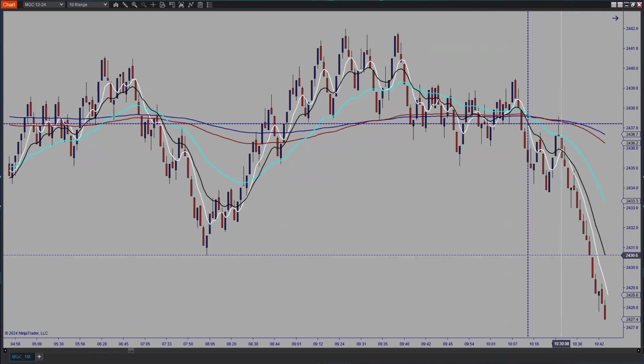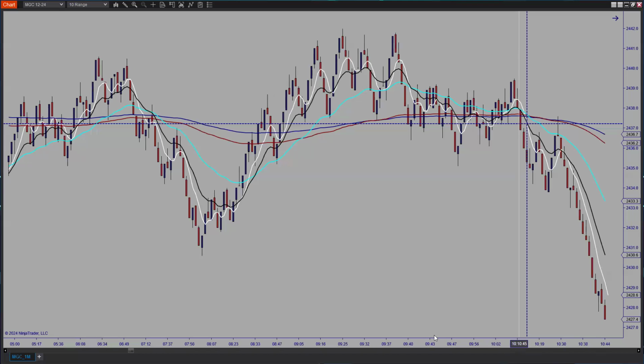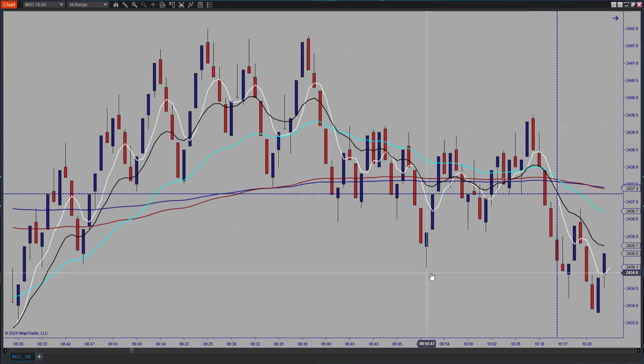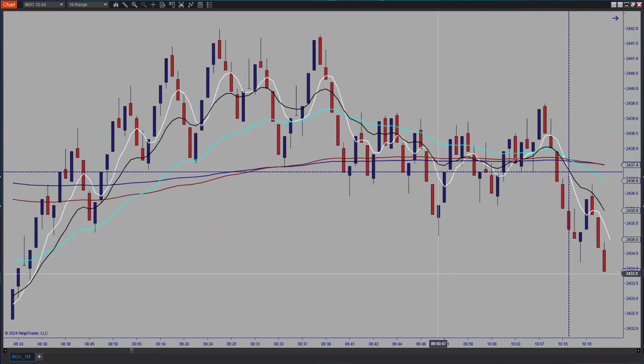Okay, so if we go based off of that, where is the lower low to higher high? We'll cover it all. So lower low to higher high, we've got one here. Got another one here, lower low to higher high. So which one makes more sense to use?